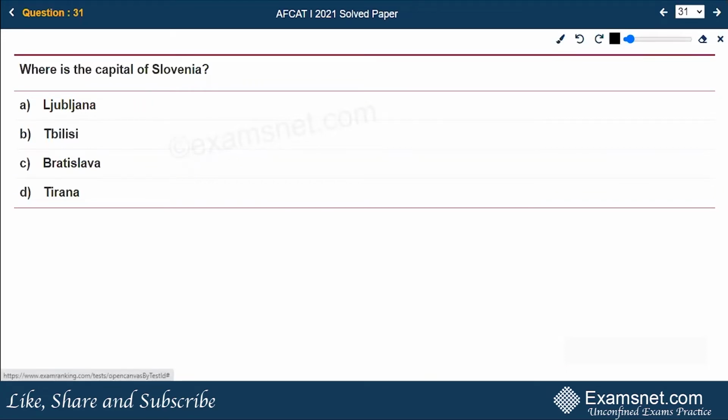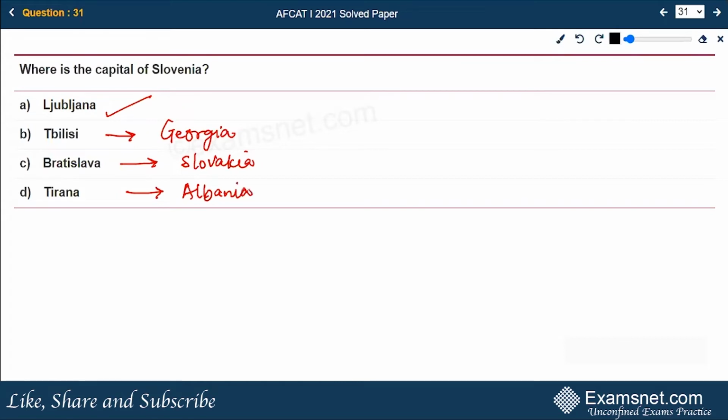The answer to the question is option A, Ljubljana. Tbilisi is the capital of Georgia. Bratislava is the capital of Slovakia. Tirana is the capital of Albania. And Ljubljana is the capital of Slovenia. So the correct answer is option A.